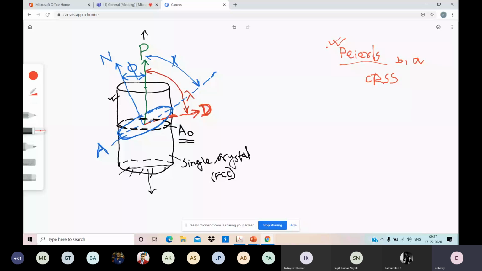Now here in this case, it's favorably inclined. So we are trying to calculate how much stress is required to cause slip. First we have to calculate the resolved shear stress, RSS. What is RSS?